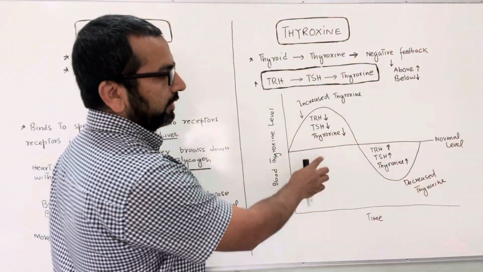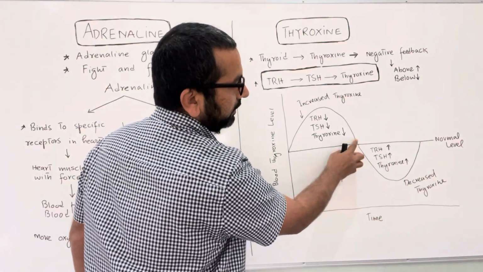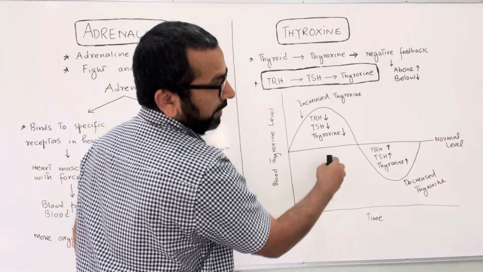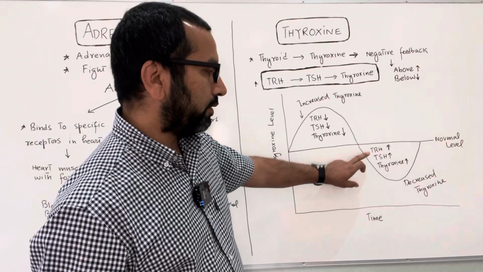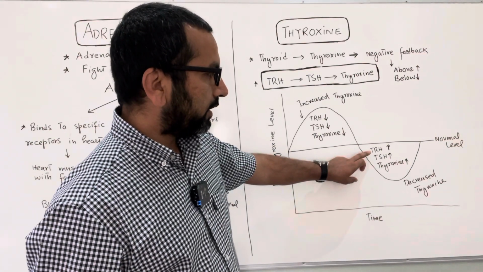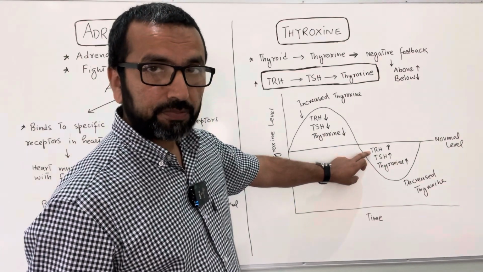In the other case, if the thyroxine level is lower like this, then our brain will detect that the thyroxine level is lower, so it will order the hypothalamus to release TRH hormone.